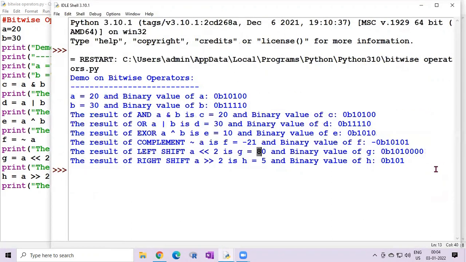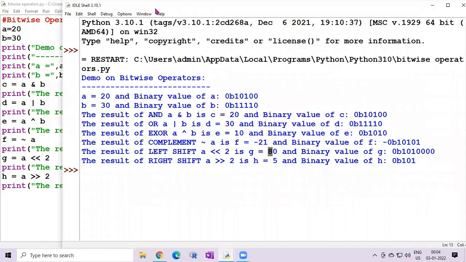So this is the binary equivalent value, and its decimal value is 80. Then similarly, right shift of the same value by 2 cells to the right side. Now actually the binary value you will get is 101. Then on the left side all are zeros, those won't be considered. The binary value is 101, and its equivalent decimal value is 5.